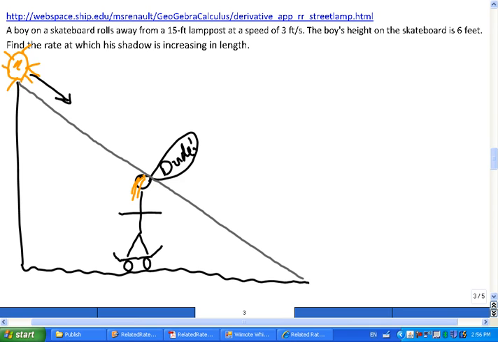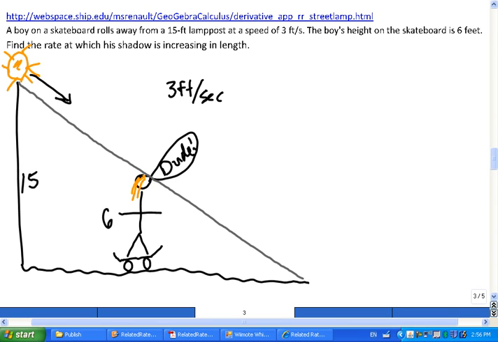We got a semi-good picture. We know that the lamppost is 15 feet high. We know the skateboarder is 6 feet tall with the skateboard. And we know that the skateboarder is moving at a rate of 3 feet per second. Since they're moving horizontally, why don't we call that the x distance?